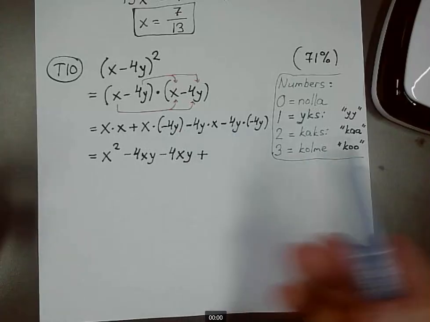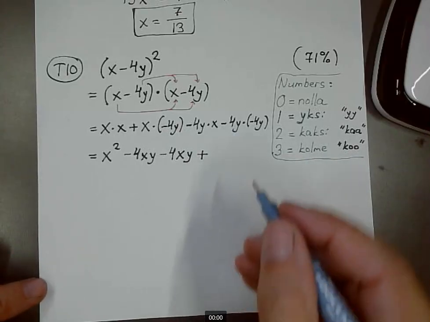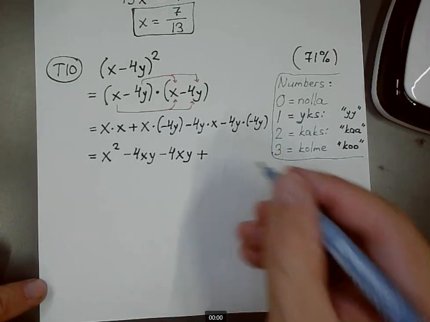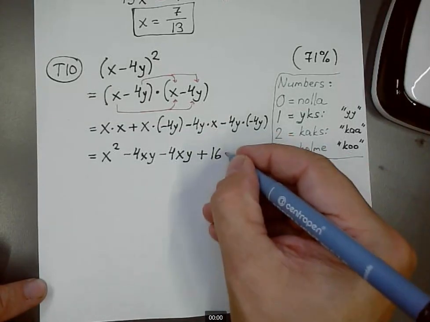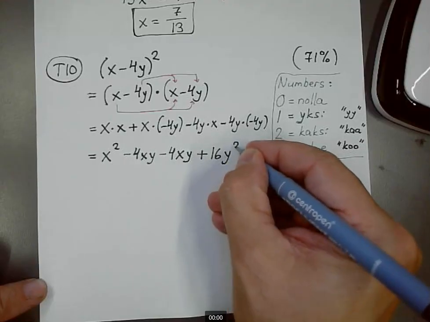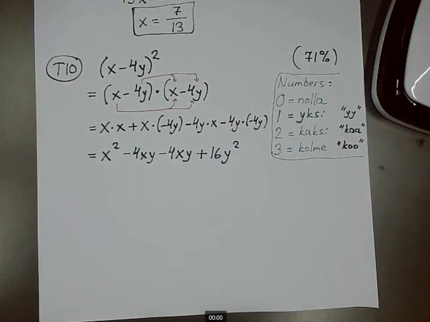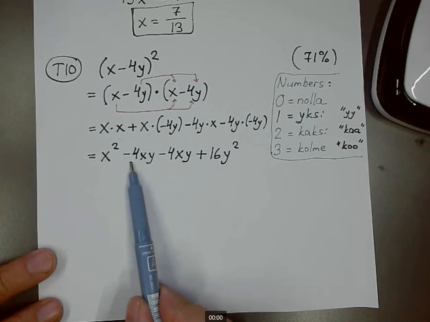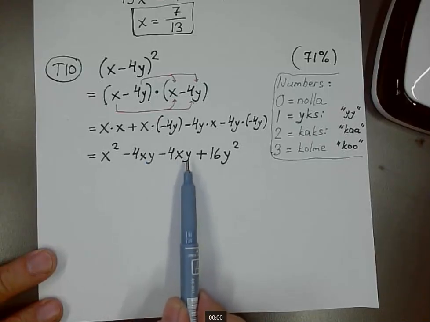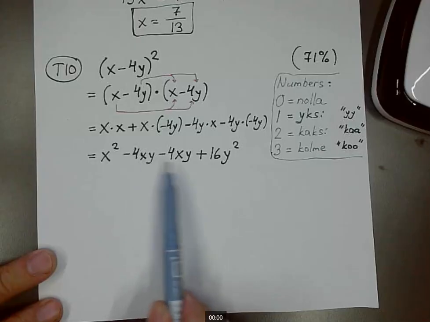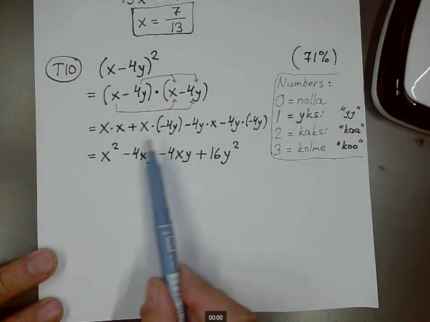Minus and minus, it becomes plus. And then we have 4 times 4, it's 16, and y times y, it's y to the power of 2. And then we have this middle part here. We have the same similar xy part here, so we can add these together.